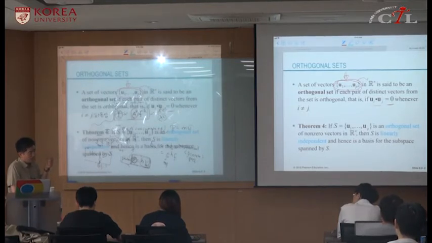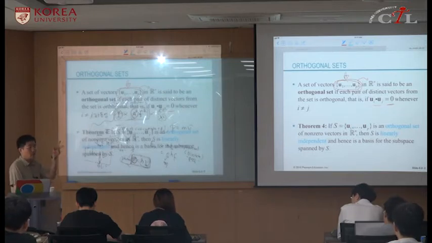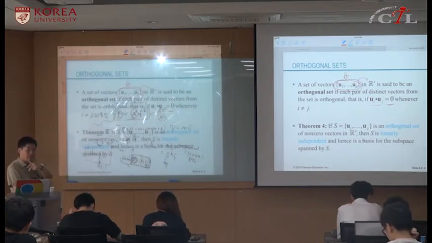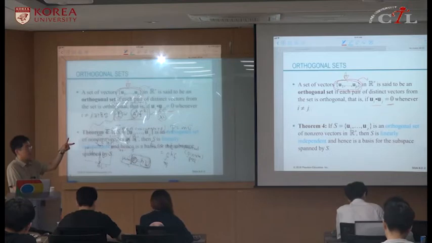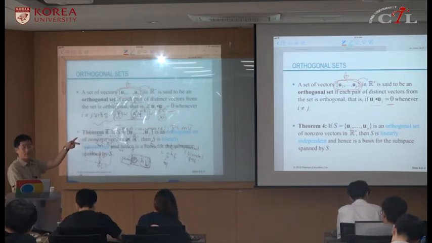Between the two conditions, a set being linearly independent and the same set being orthogonal, orthogonal set is a much stricter condition. So given three vectors, suppose they are linearly independent. They may or may not be orthogonal, of course, because they may have an angle less than 90 degrees. In this case, these three are linearly independent.